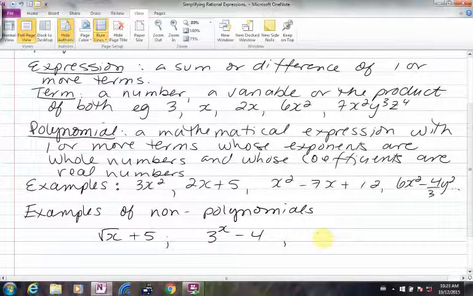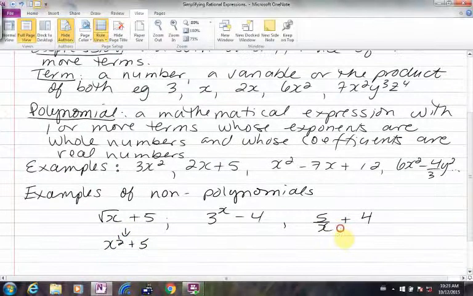Similarly, you couldn't have something like this as a polynomial, because what would the power or the exponent be for x if we wrote that as a power? This would be the same as x to the 1/2 plus 5. What would this be the same as? What makes x go down to the denominator?